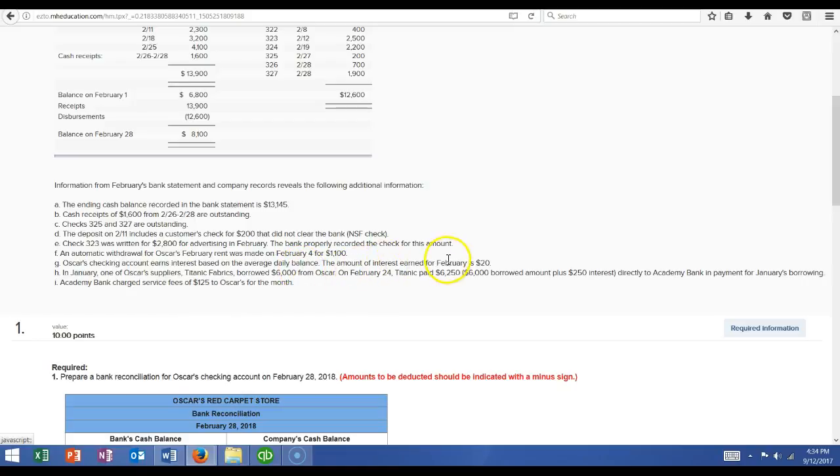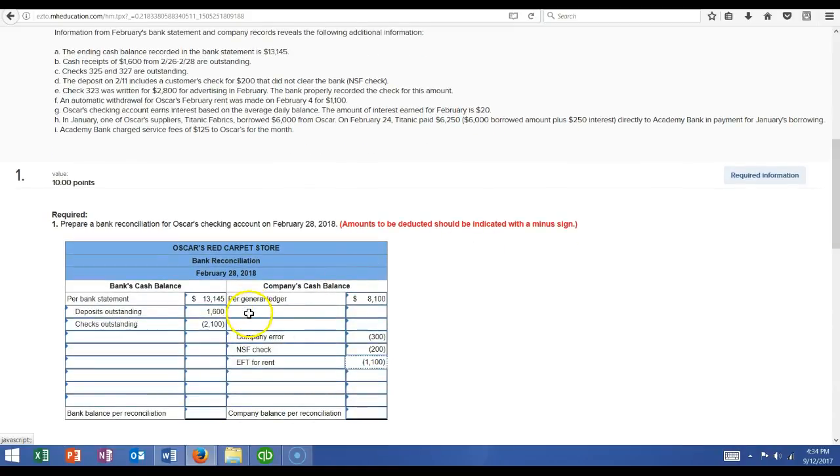The amount of interest earned in February is $20. So interest earned, $20. Interest on account, 20.